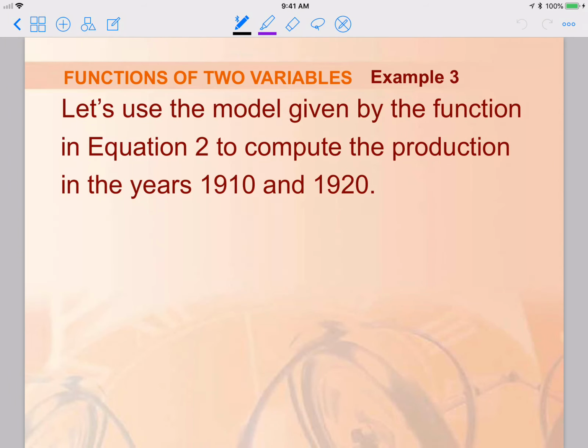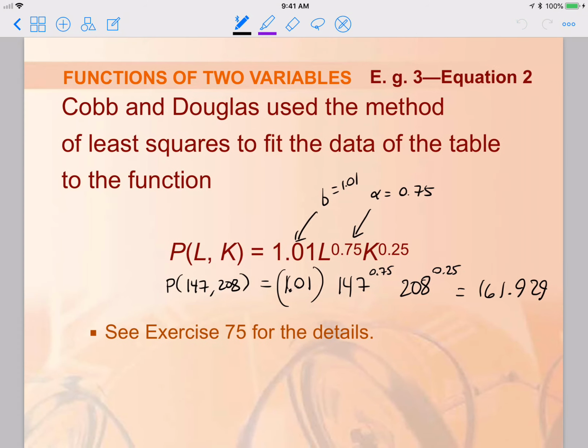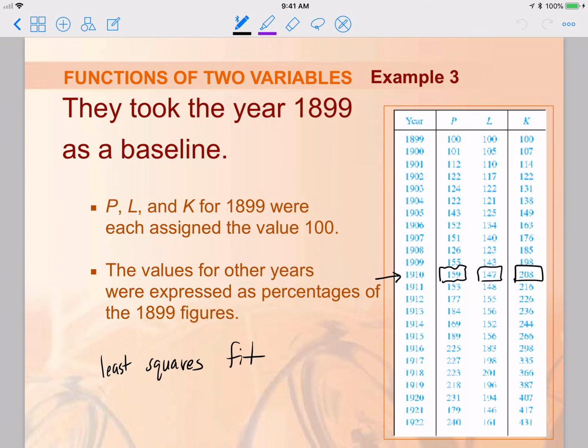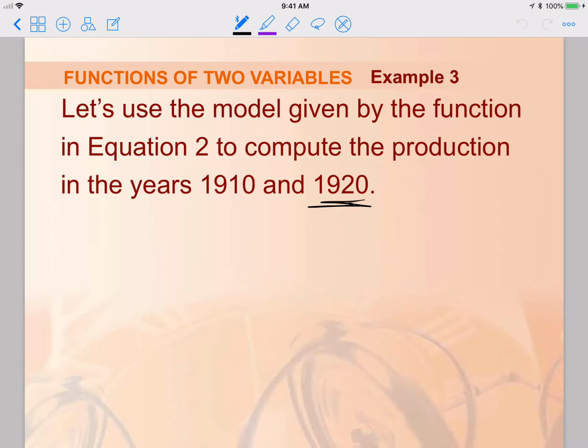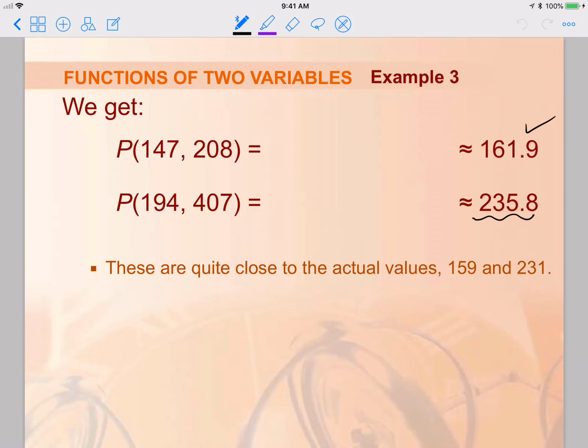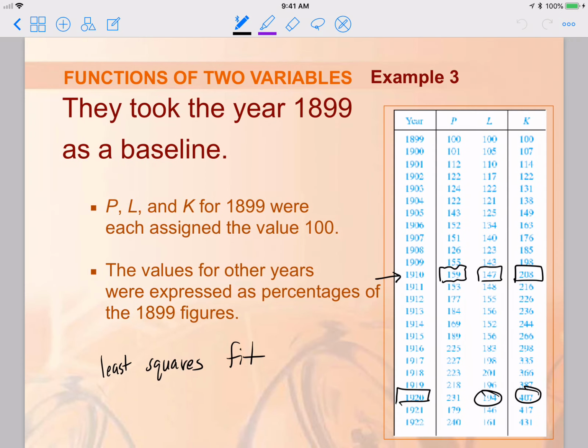Then we can do the same thing for the year 1920, where we look at 194 for L and plug in 407 for K. The number we get is 235.8, which is very close to the actual value of 231.